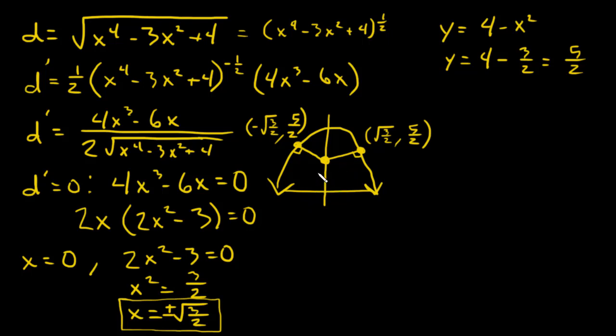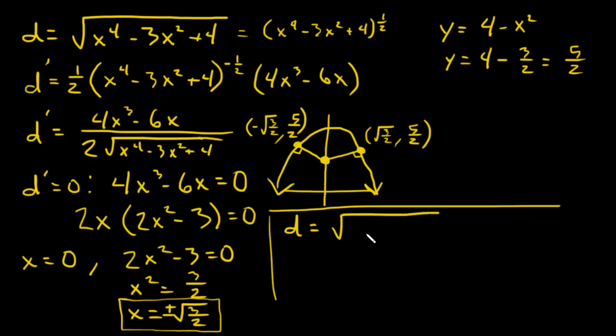Now, one thing I want to say before I leave is something to kind of look out for. The math that I did here is 100% correct. It is rock solid. It works that way every time. But there's a little bit of a shortcut you can do with this. Okay? Let me go back to right here. I had d is equal to the square root of x to the 4th minus 3x squared plus 4. Okay? I'm looking for the minimum distance. Okay?